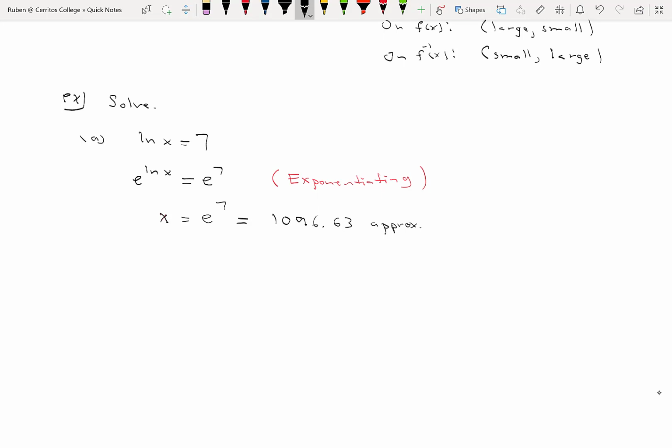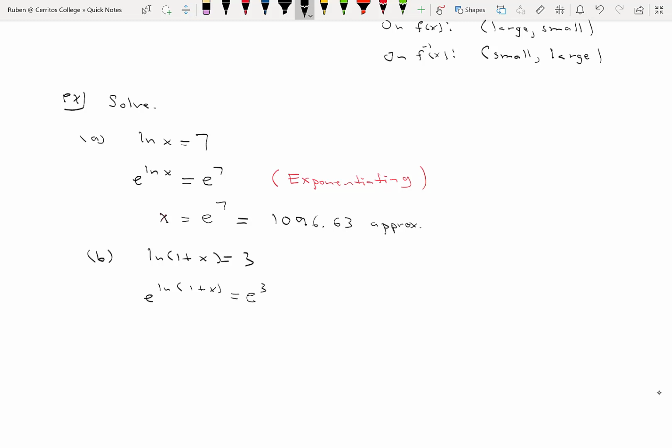Okay, example B. Suppose I want to solve the natural log of 1 plus x equals 3. Same thing. I want to cancel out the natural logarithm, so I'm going to exponentiate. So e to the natural log of 1 plus x equals e cubed.